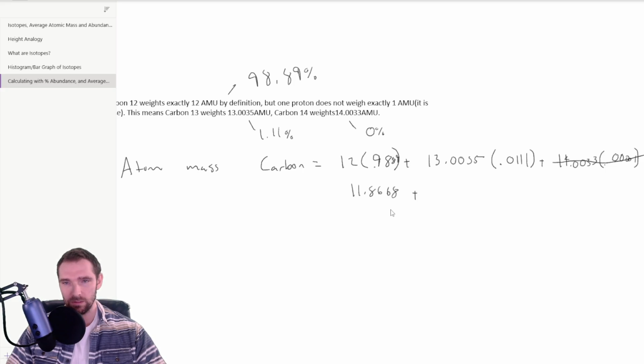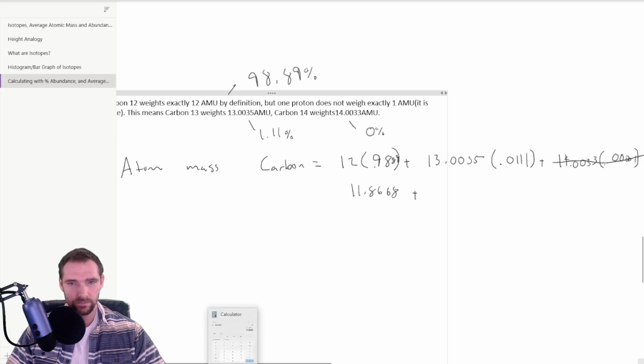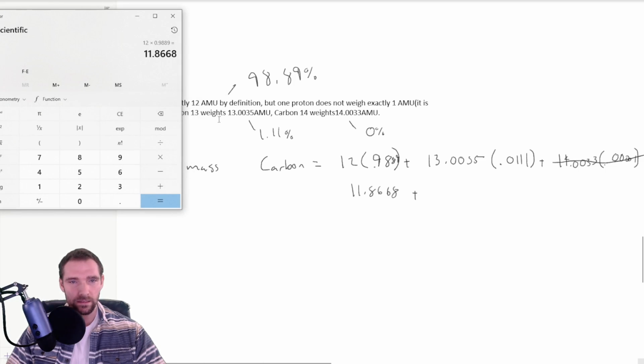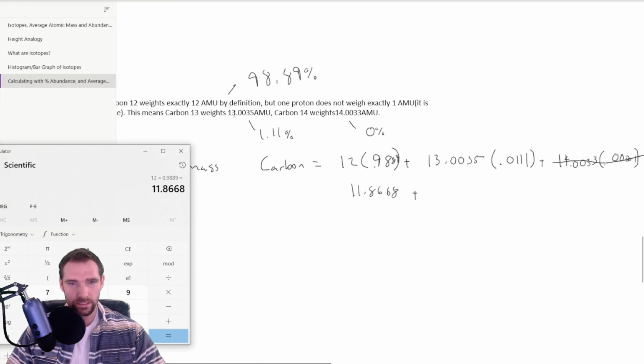And then we're going to add to that the weight of carbon 13, because carbon 13 doesn't come out a nice even number.